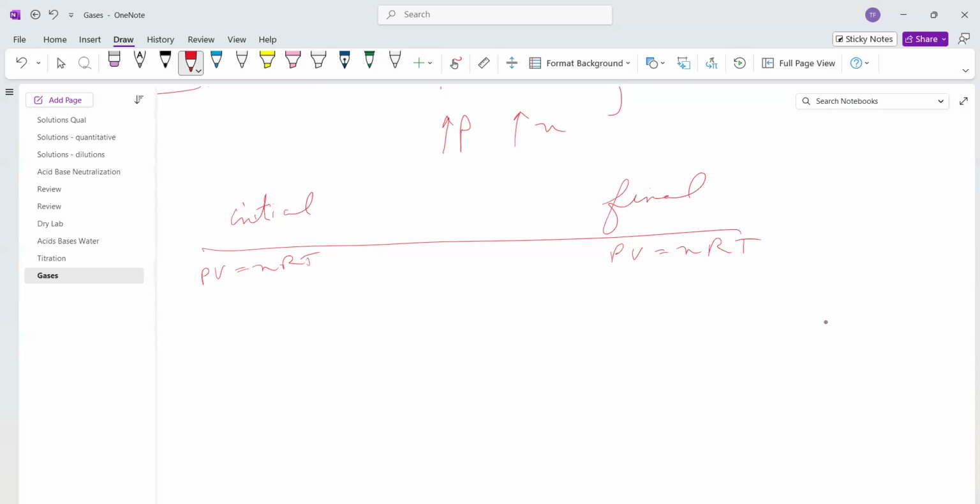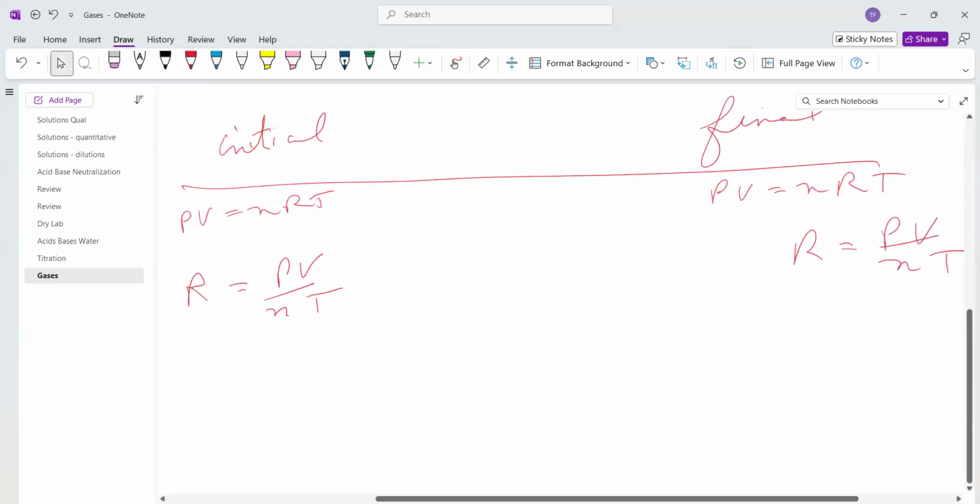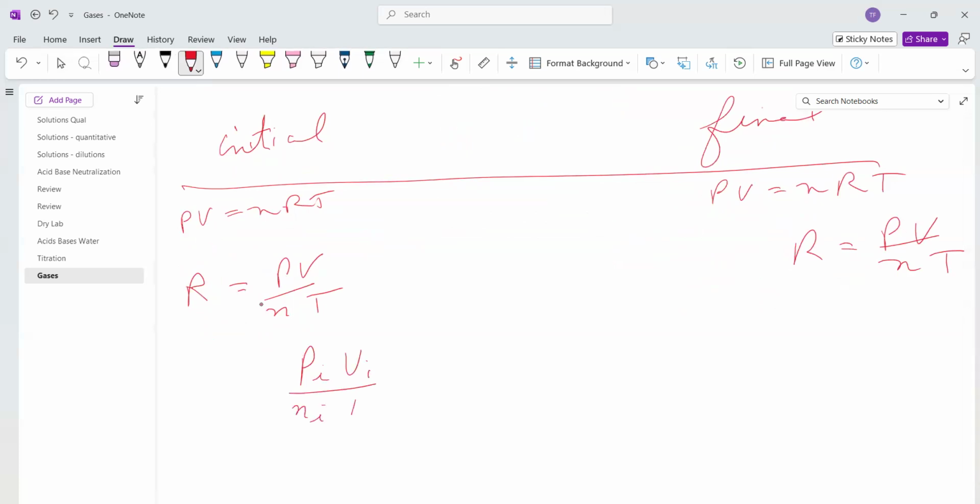So if we solve for R, now we can set these equal. So we have the initial pressure, volume, okay, does everyone see why we can set those equal? Initial final conditions of PV over nT.